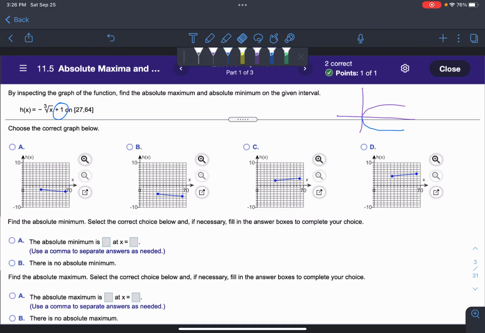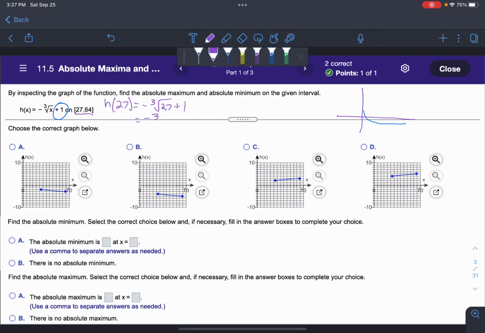So let's see which one shifted up by 1. Maybe something like this should have that kind of form, and we want to know what it's like on 27 to 64. So let's plug in those values real quick. I'm not concerned about the entire domain of the negative cube root of x plus 1. If I plug in 27, the cube root of 27 is 3.